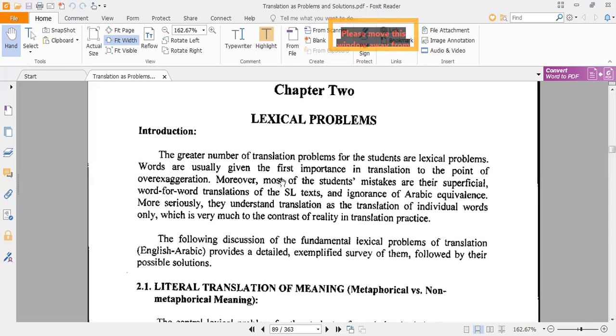While in Arabic, we have some sentences that are nominal sentences and others that are verbal sentences. So some verbal sentences in English can be rendered as nominal sentences in Arabic, and some verbal sentences can be rendered as verbal sentences in Arabic.